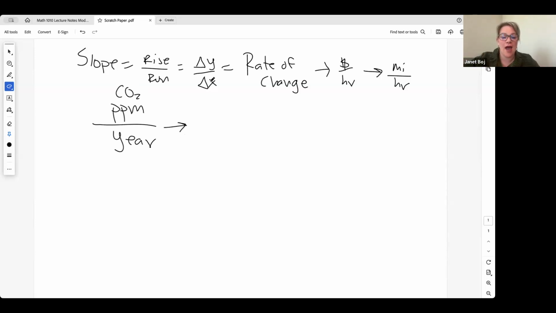This is always y over x. So we know that the dependent variable is the carbon dioxide and the independent variable is the years. Once we find the slope, then we have the information that we need to know the x value and the y value.